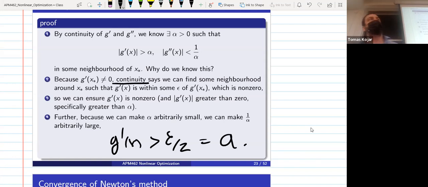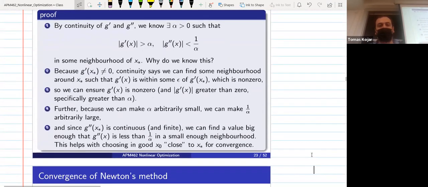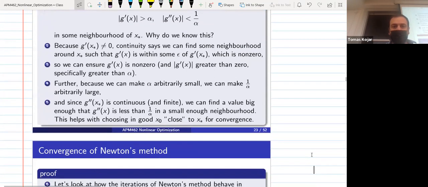There's a lot of meat behind continuity. For G double prime, you use something else.